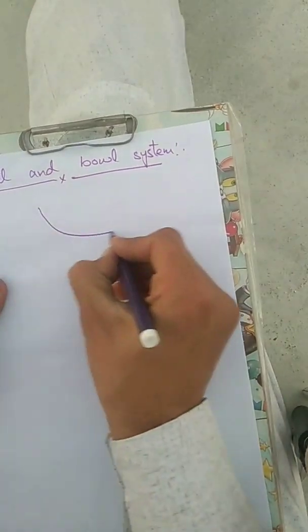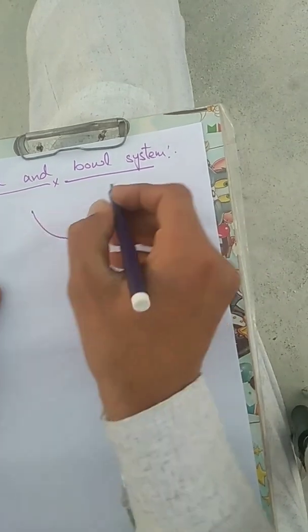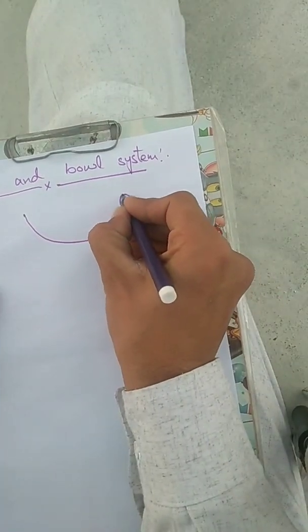The second example which we shall take to check whether it possesses simple harmonic motion or not is the ball and bowl system. This is a system in which we take a bowl and place a ball in it.